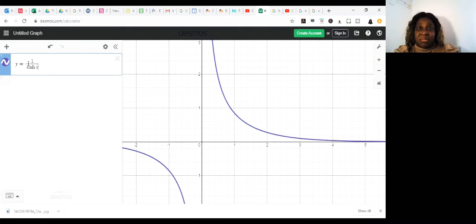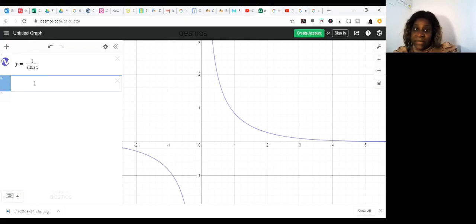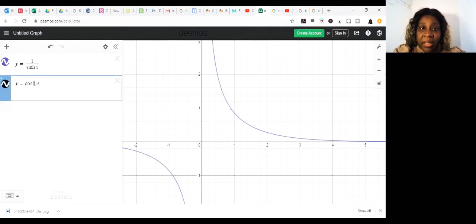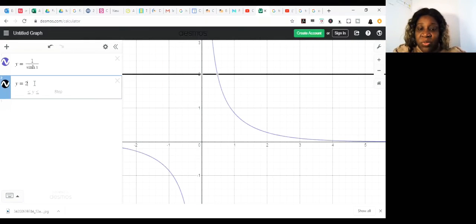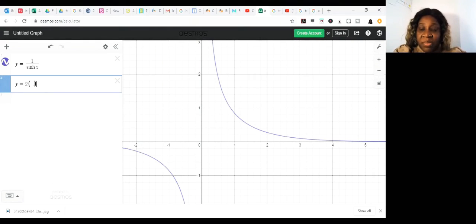And I don't know why it's not recognizing it as cosech x. So I cannot do the y is equal to 2 times 1 over sinh x.